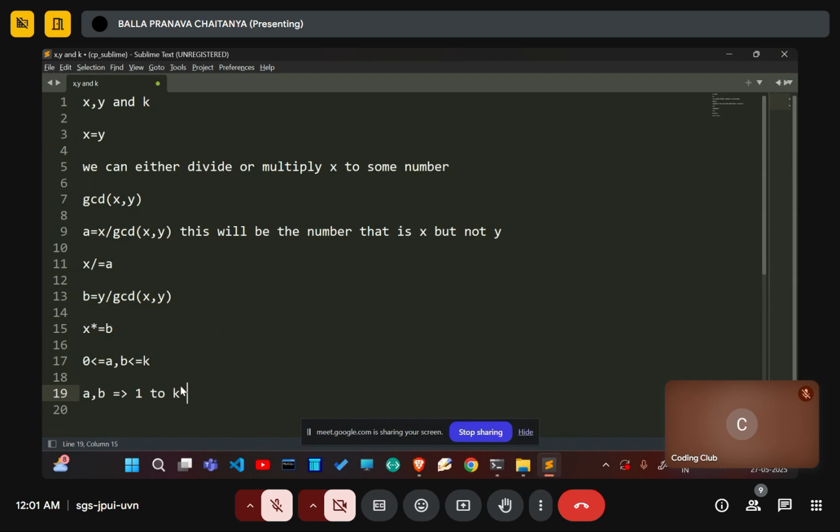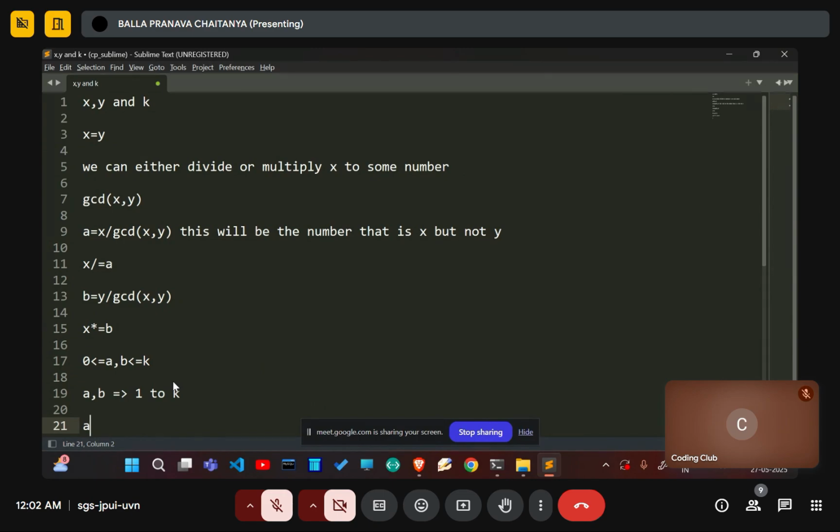If we understand what is happening now, this problem can be solved using dynamic programming. A and b are separate here. We first divide x by a and then multiply x by b.